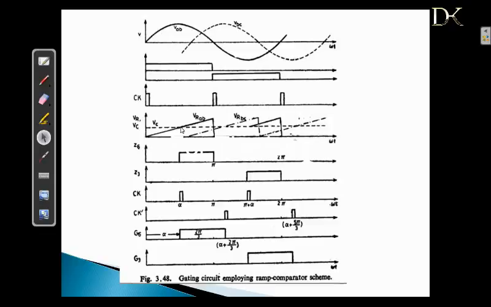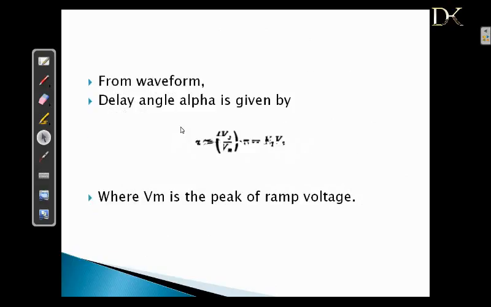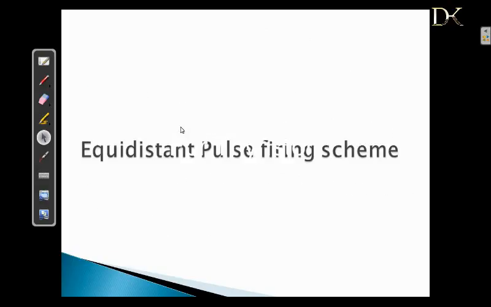Now the next scheme is the equidistant pulse firing scheme. In the schemes discussed so far, equidistance of pulses has not been ensured when the line voltages are not 120 degrees apart. Also, changes in line frequencies cause appreciable error in the firing angle.